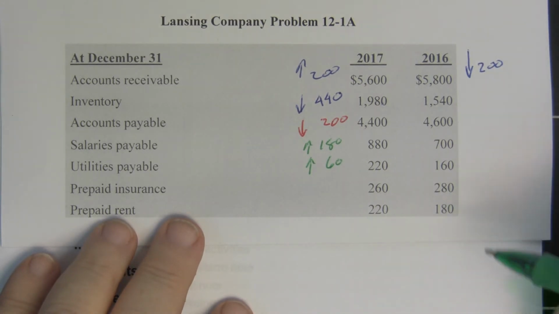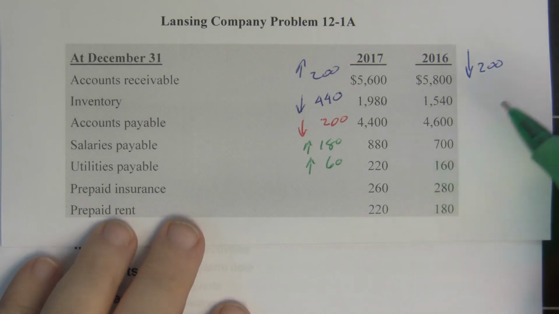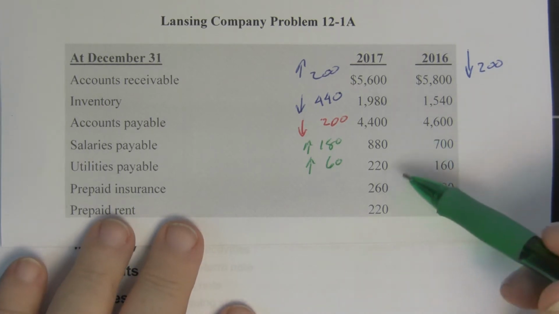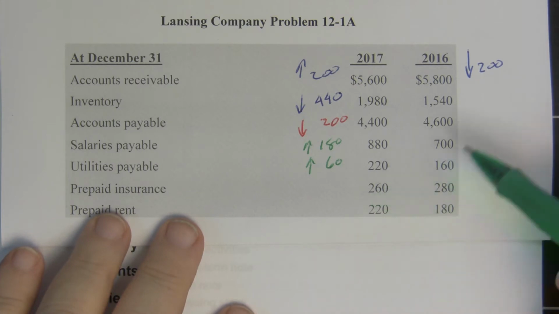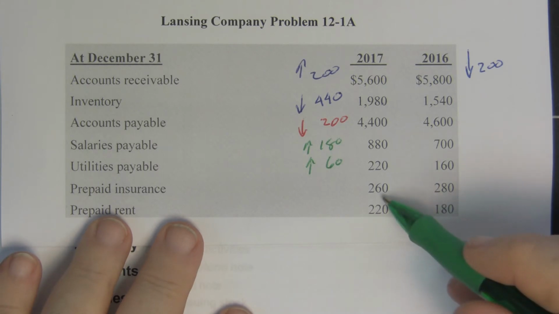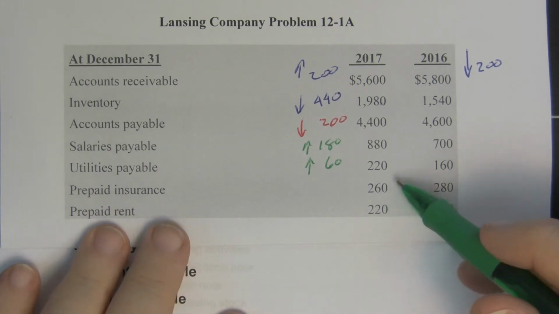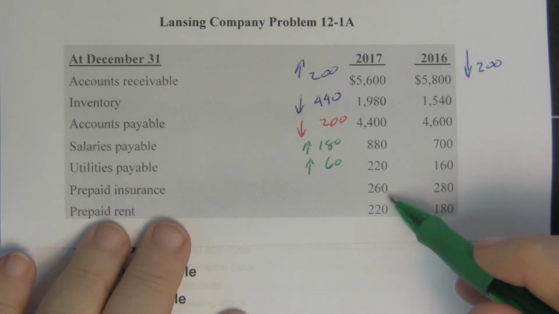Prepaid insurance went from 280 to 260. So prepaid insurance was 280, is now 260.